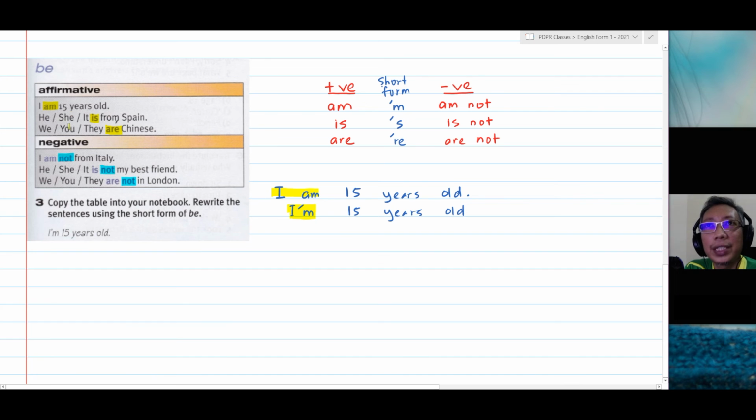Rewrite all the sentences from the table using the short form of be. Okay, I only gave you the short form for the affirmative part. You need to look for the short form for the negative part on your own. Okay, we'll discuss the answer later.